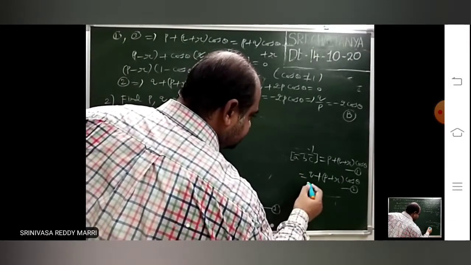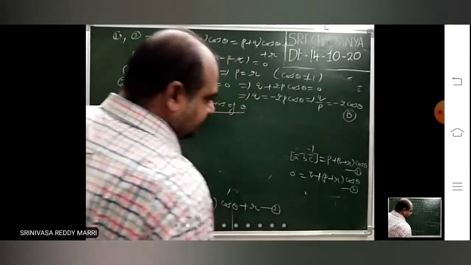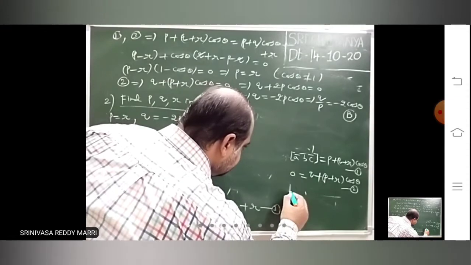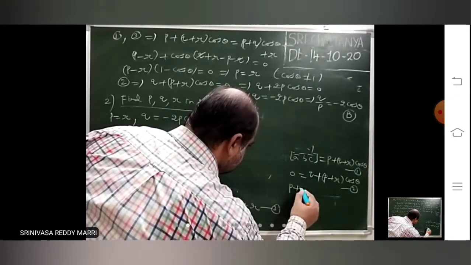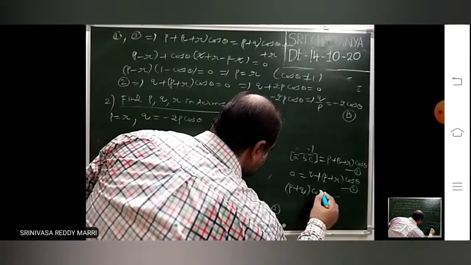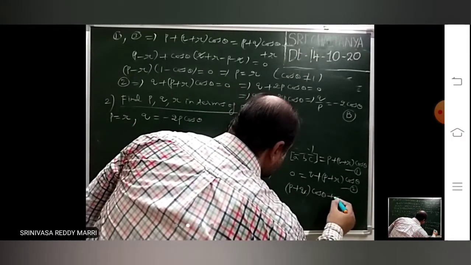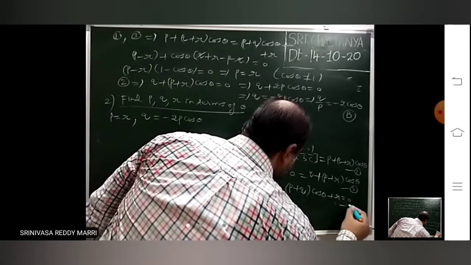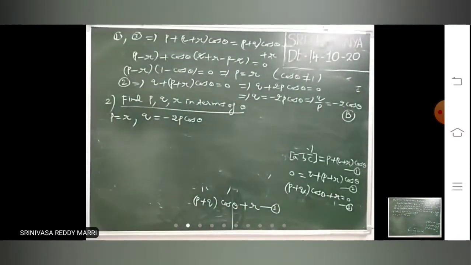So this is the first equation, this is the second equation, and the third equation is related to this. Now take the first equation.